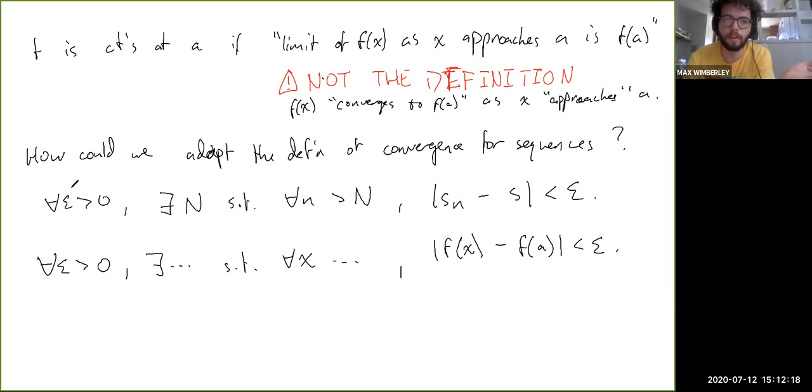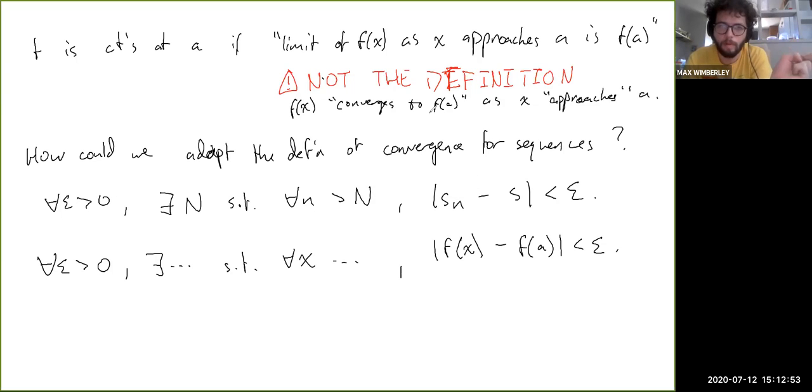In the context of sequences, the limiting process is n approaching infinity. So capital N forces n to be close to infinity. It's a threshold on the input variable that forces the limiting process to go forwards.